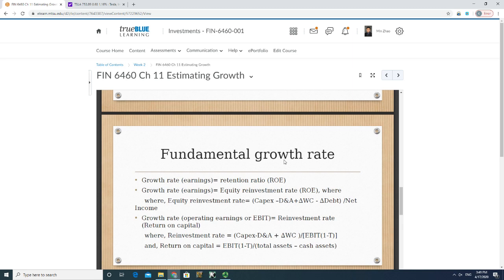Well, there's only one thing, that is reinvestment. A company has to reinvest to develop a new product, or get into a new territory, or provide new services, to get more customers and market share as well.